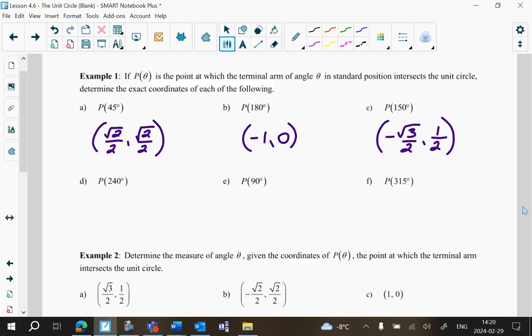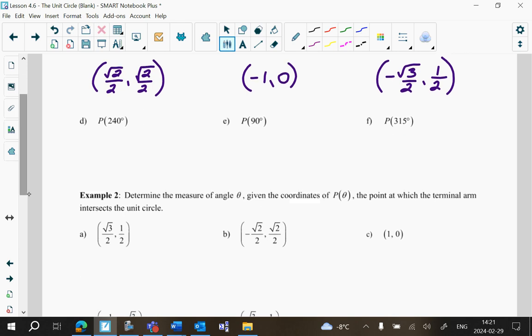240, again, think of what family that belongs to and whether positives and negatives come into play. Positive or negative? Yes, they're both negative because this one goes into quadrant 3. 90 straight up.